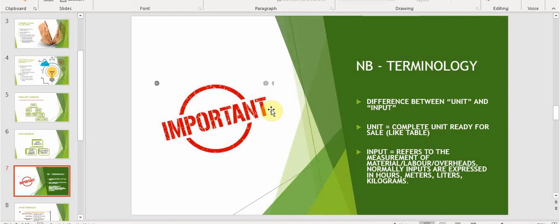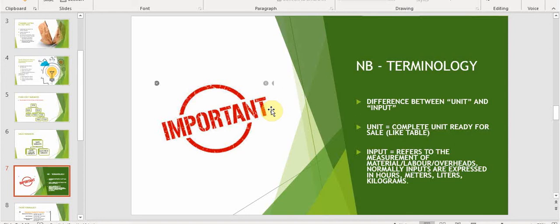Then there is also this principle of input. So input refers to a measurement of material, labor, and overhead. So inputs refer to hours, meters, liters, kilograms. It can be machine hours.